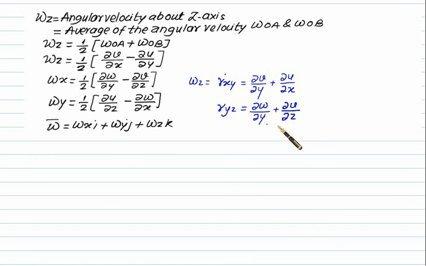So once you remember the shear strain in yz, perpendicular to this one will be our omega x. The only difference is that you have to make the sign negative. Likewise we can write omega y also. So the total angular velocity vector is given as omega x i plus omega y j plus omega z k.